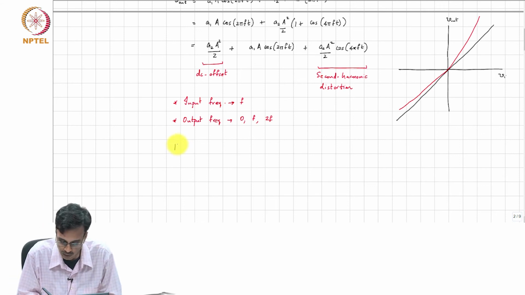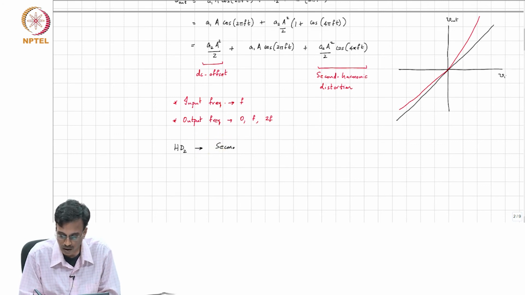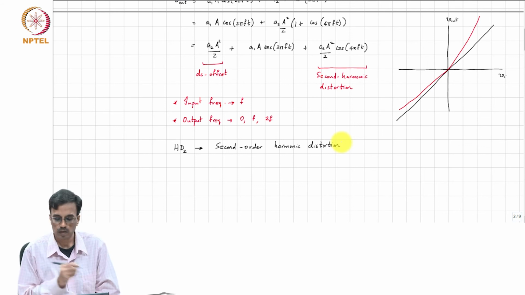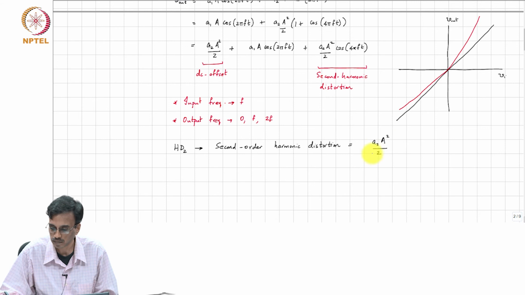One way to do that is to calculate what is called the second order harmonic distortion, which is the ratio of the strength of the second harmonic to the fundamental at the output.